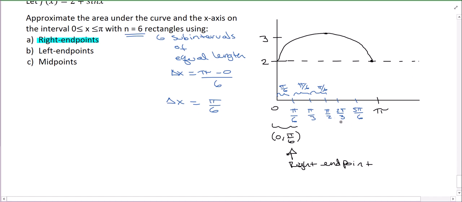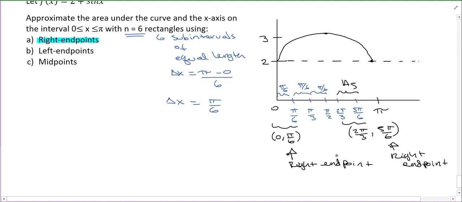So if I'm looking at A5, this interval is the interval 2 pi over 3 to 5 pi over 6. Which one is the right endpoint? The right endpoint is 5 pi over 6. So that's the one I'm going to be looking at to find the height. And then A6, I'm going to be looking at pi.